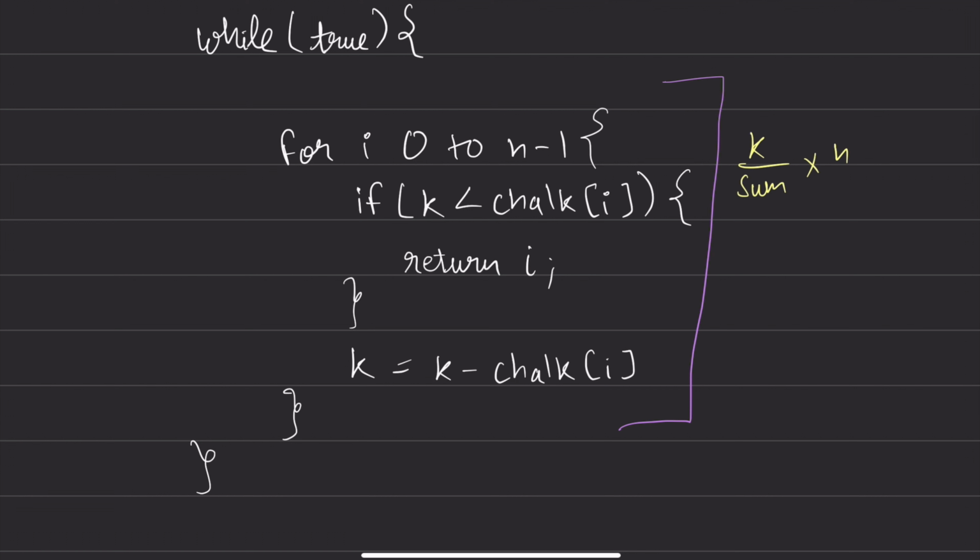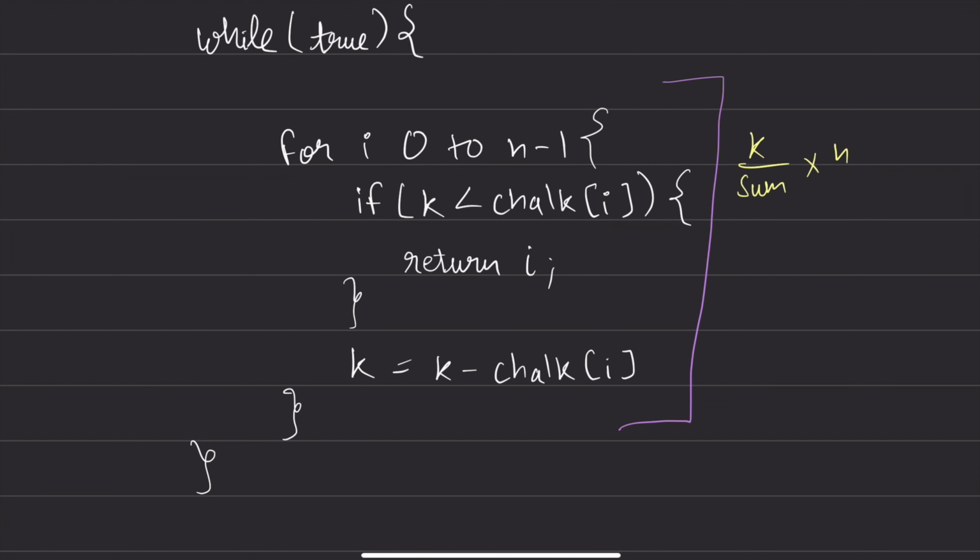If we go inside this loop, we go to each student from 0 to n minus 1, and we check if the current amount of chalks we have is less than the required number of chalks by the student. If at any point I see that the required number of chalks is more than the current chalks we have, then I just return this student, who will be required to go and bring the chalk.